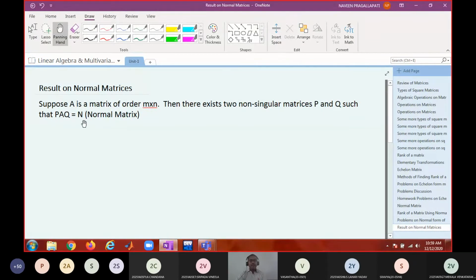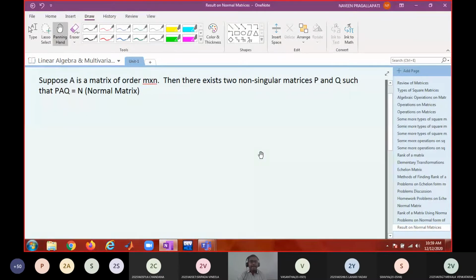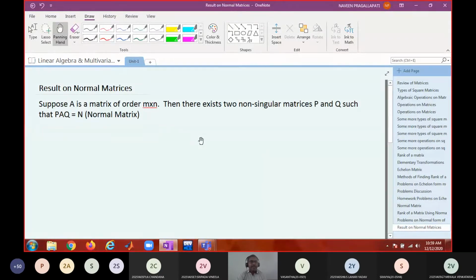So what will be the problem? You will be asked to find two such non-singular matrices which will give PAQ equal to normal form. That's also an important model from the examination point of view.